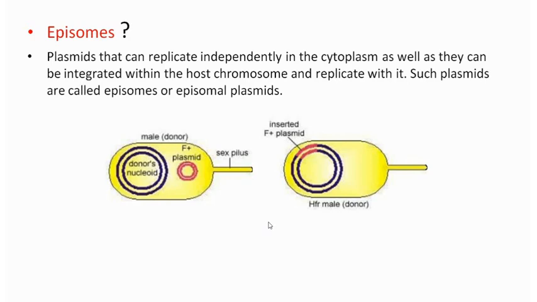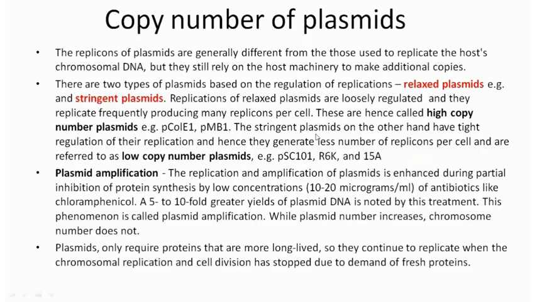Otherwise, you will not be able to find where the recombinant DNA has gone. For that reason, those plasmids are normally not episomal, and the host cell is also made RecA minus to avoid recombination.